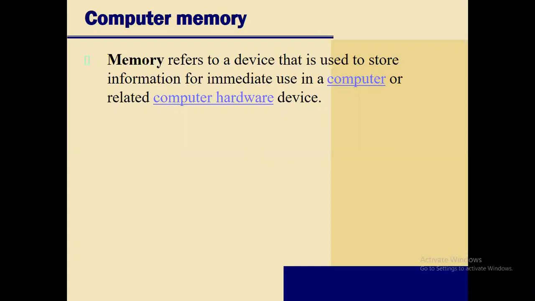Basically, it typically refers to a semiconductor memory that is made up of metal oxide semiconductor, where data is stored within the MOS memory cells on a silicon integrated circuit chip. We can say that memory basically refers to the primary memory or the main memory.